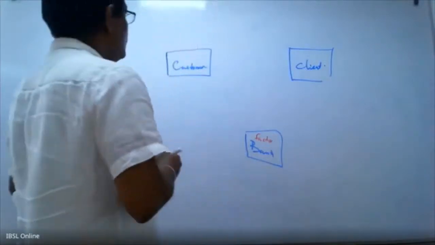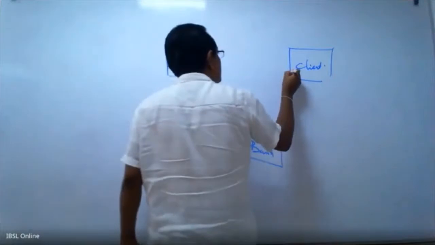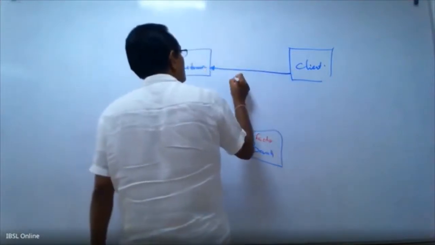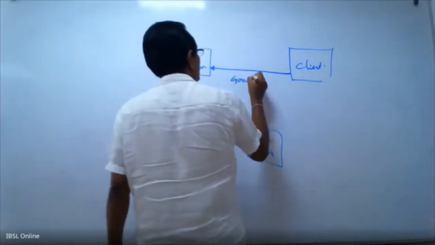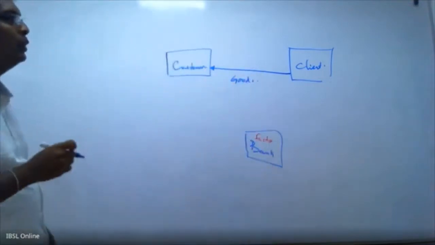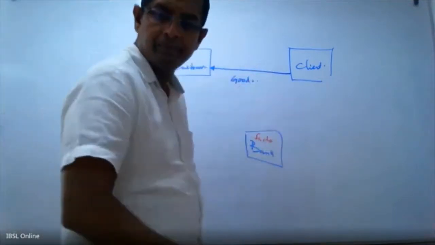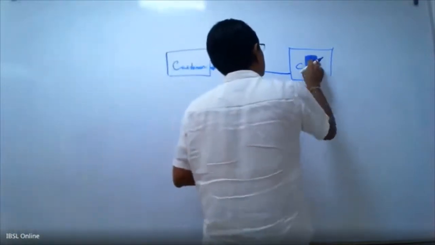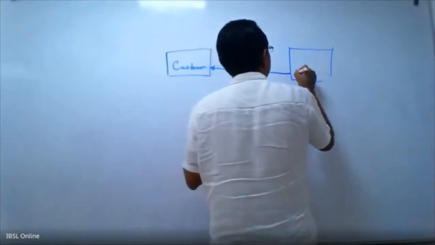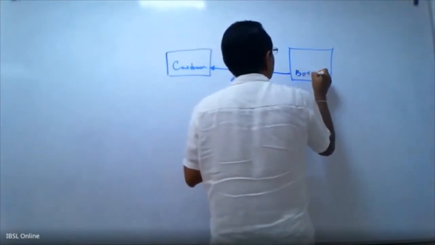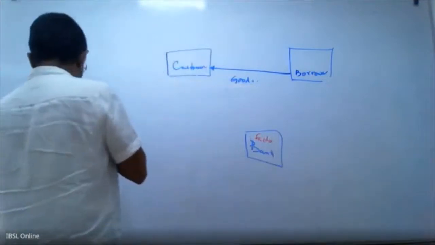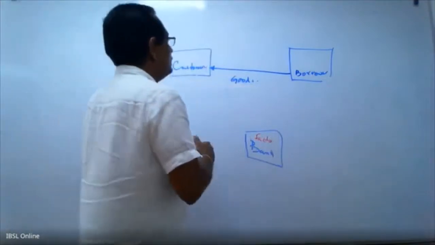So the customer sells goods to, this is our borrower, right? So it is the client.